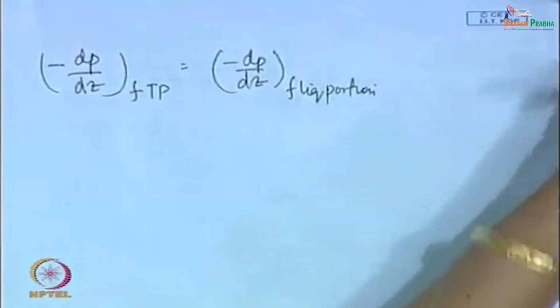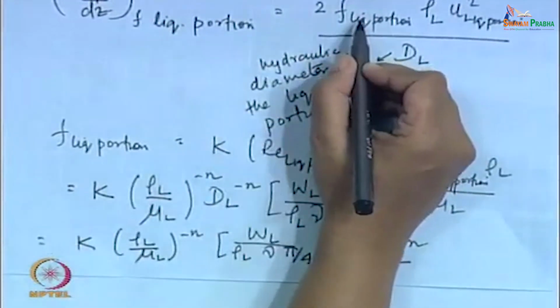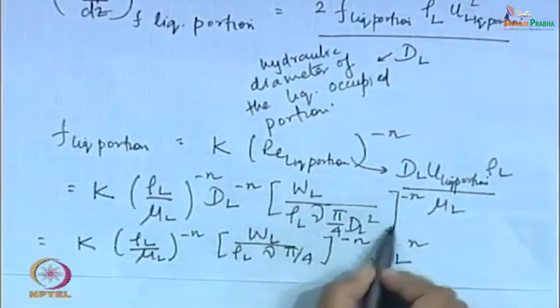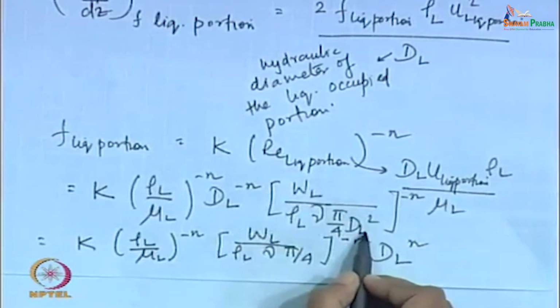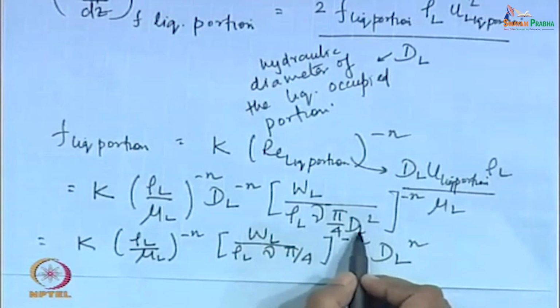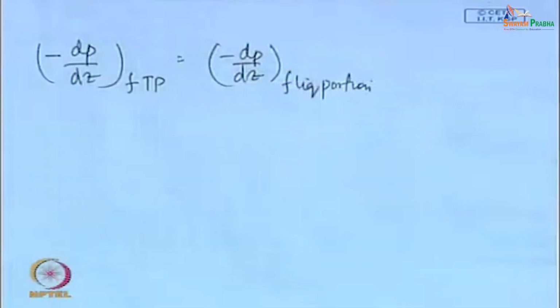We will just substitute this f portion here, and instead of uL square we are going to substitute the expression of uL, so that we have obtained everything in terms of known input parameters. dL is of course not known, but that can be correlated with alpha.